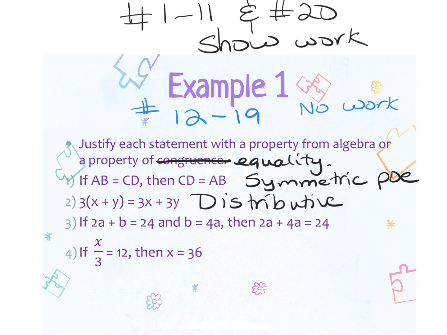Notice what they've done is they've taken out the B and replaced it with what B equals, which is 4A. So this would be an example of substitution, because they substituted 4A for the B. So this is substitution.